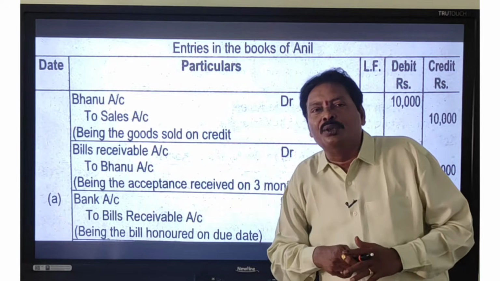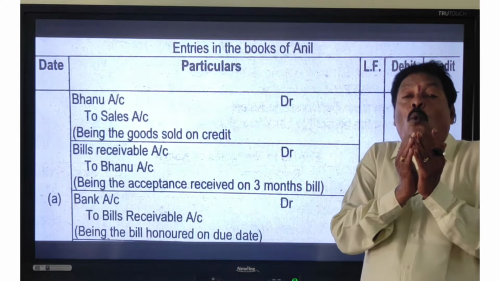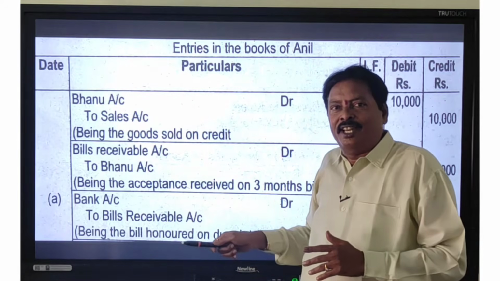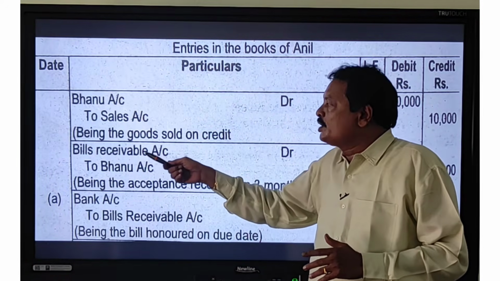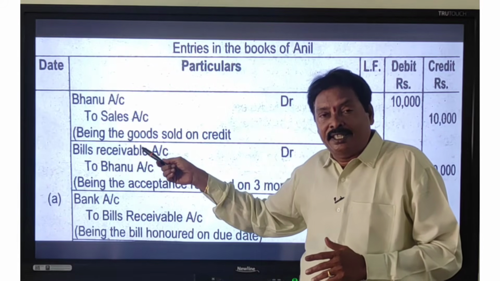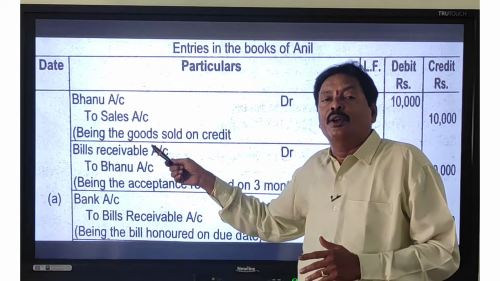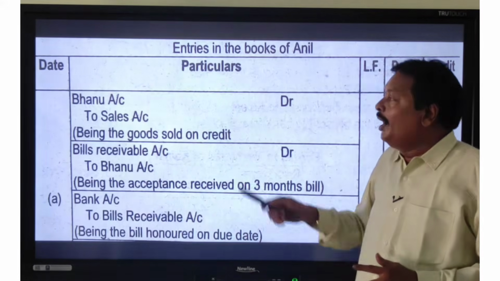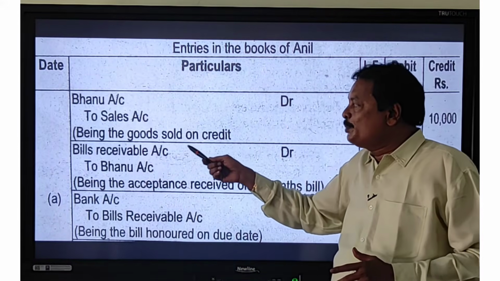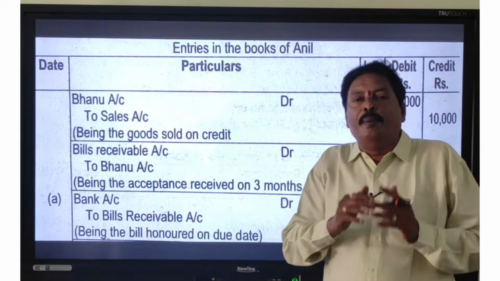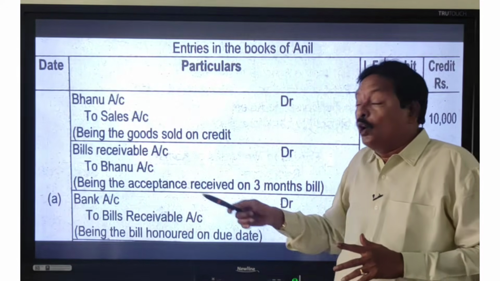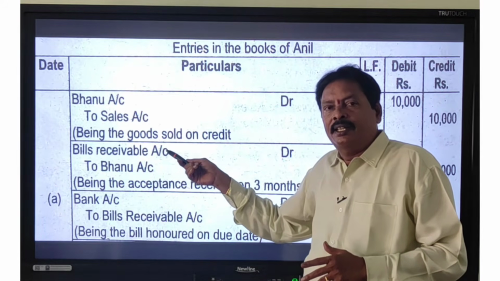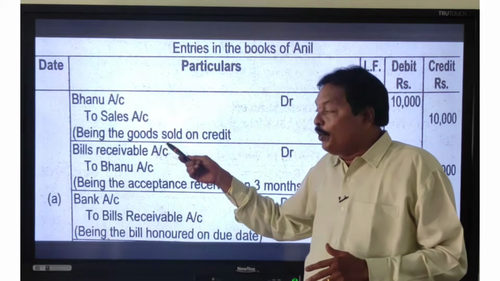As per the real account, debit what comes in. Here in this transaction, Anil receives bills receivable, an asset received from Banu. So, as per the real account, debit what comes in.